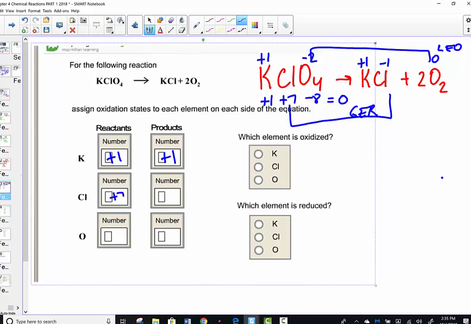Chlorine went from a +7 to a -1. That's reducing the charge on the number line. The element that's being reduced was chlorine. Oxygen went from a -2 to a 0. That's increasing on the number line. Therefore, oxygen was oxidized.